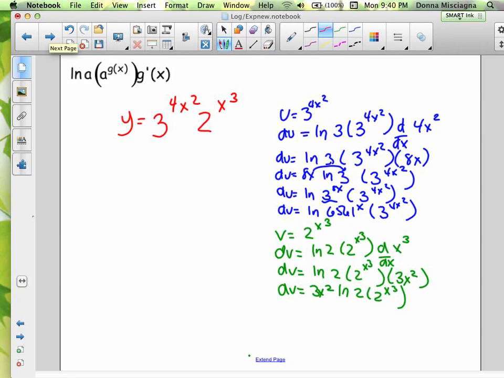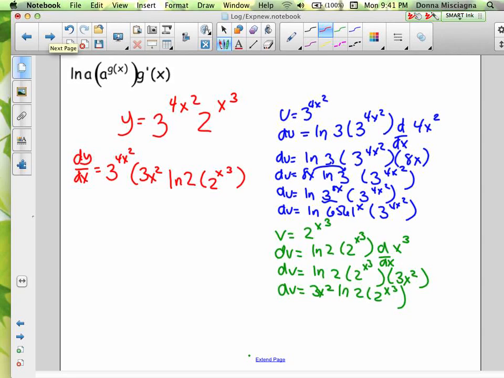All right, so dy dx equals the first, which is 3 to the 4x squared, times the derivative of the second, which was 3x squared. Now I'm kind of wishing I'd condensed it a little bit, but natural log of 2 times, that one's okay, but let's put the parentheses around the last part, 2 to the x cubed power.